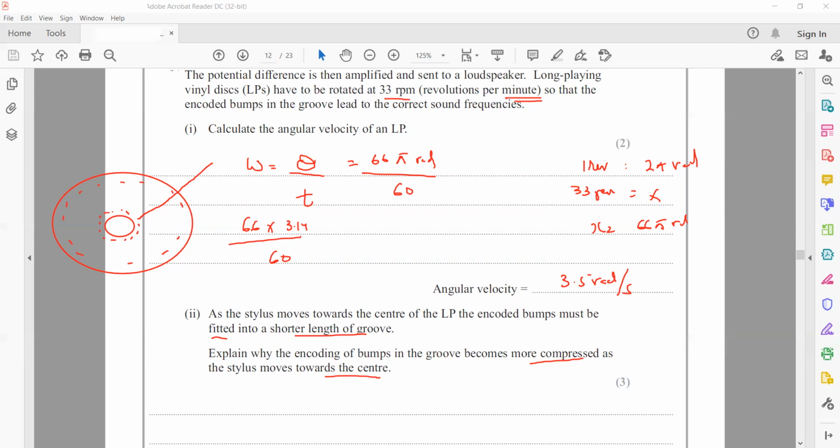If the rotation is about 33 revolutions per minute, then when it is moving away from the center and when it is moving toward the center, in both cases we want it to complete the 33 revolutions per minute, or have the same angular velocity, whether the stylus is closer to the center or away from the center. So first thing we'll mention, the frequency or the time period or angular velocity should remain constant.